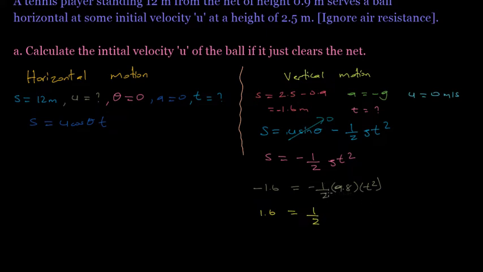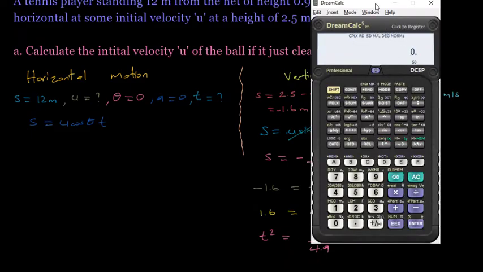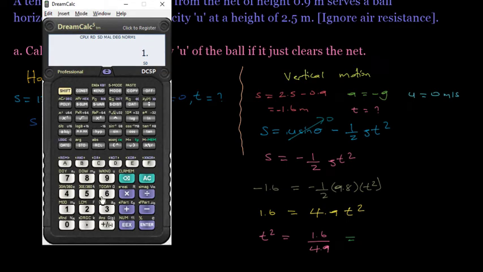So let us evaluate half of 9.8. 9.8 divided by 2 would give us 4.9 t squared. So to find t, we need to make t the subject. So t squared is equal to 1.6 divided by 4.9, which we're going to get from the calculator. So 1.6 divided by 4.9, and we're going to get 0.33, right?